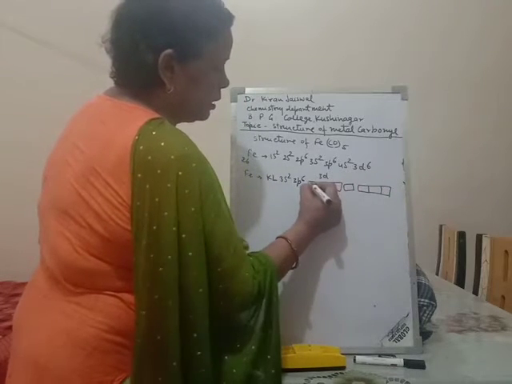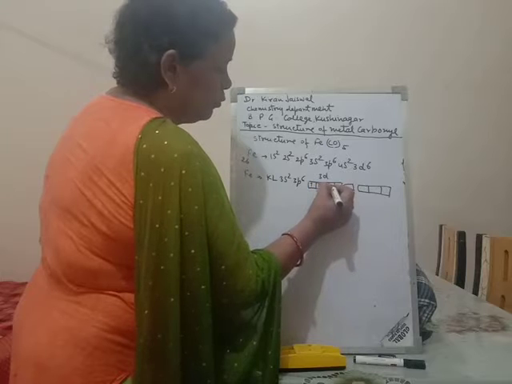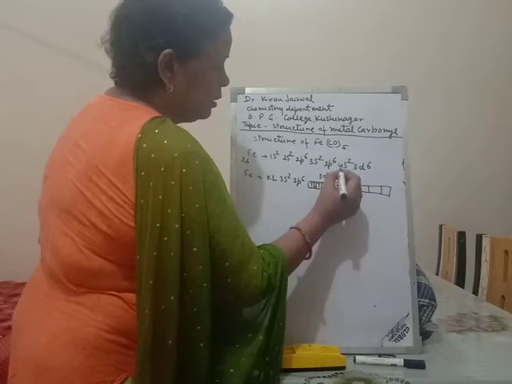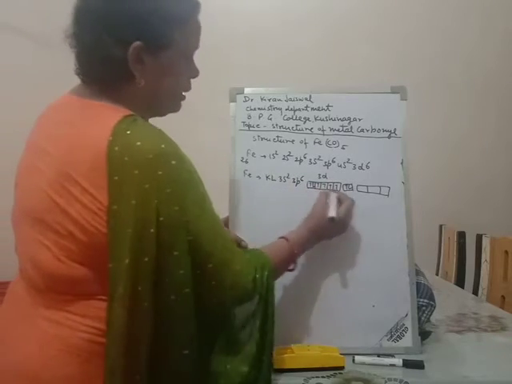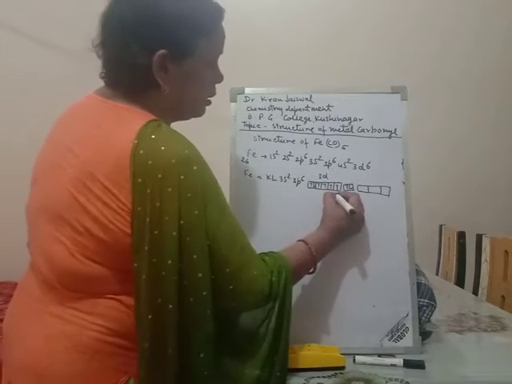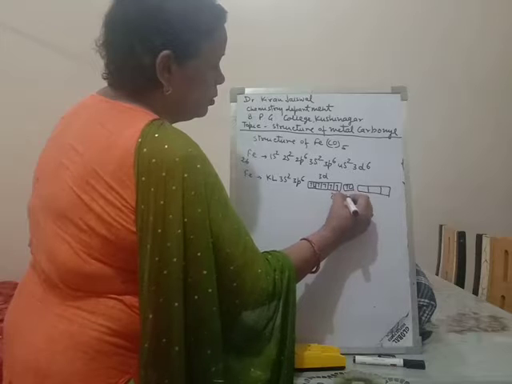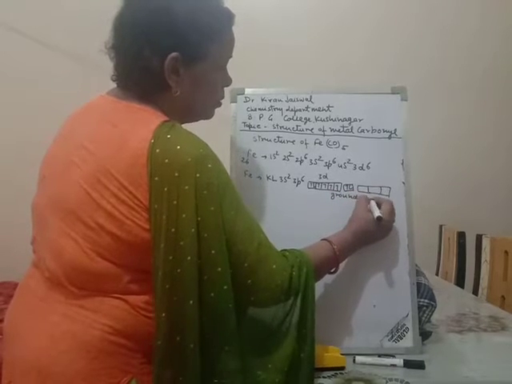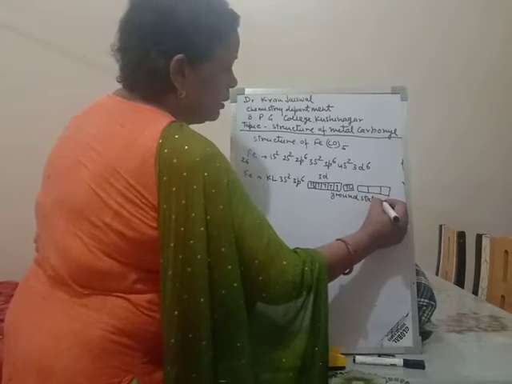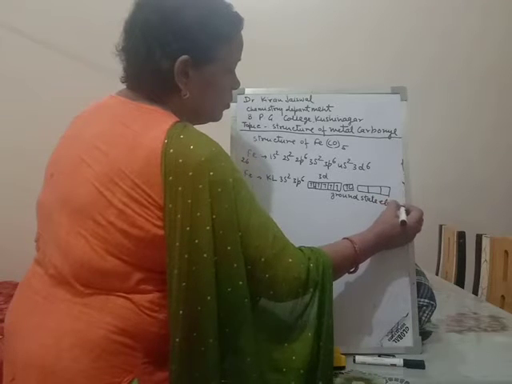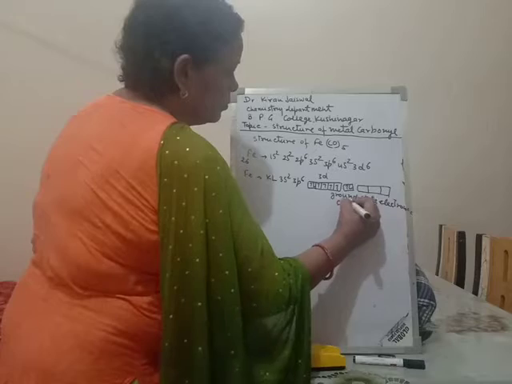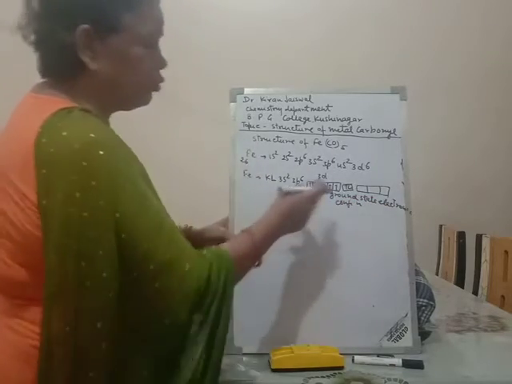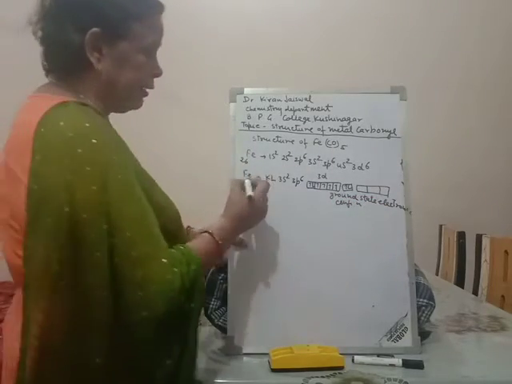The 3d has 6 electrons, and 4s has 2 electrons. This is the ground state electronic configuration of iron.